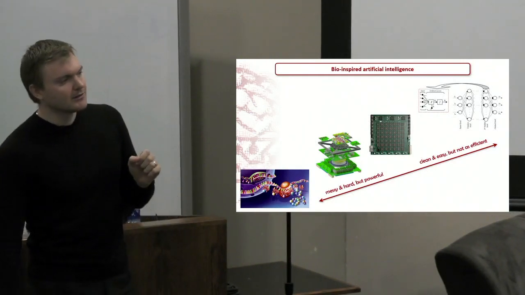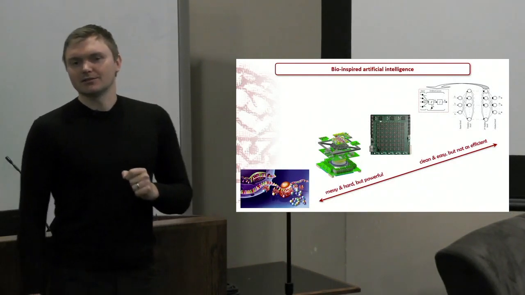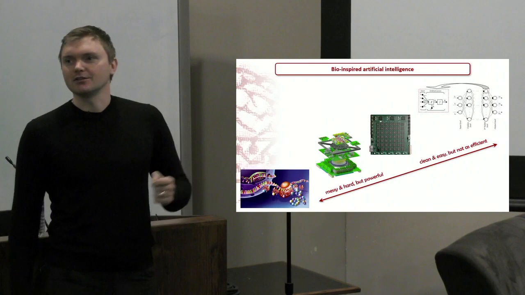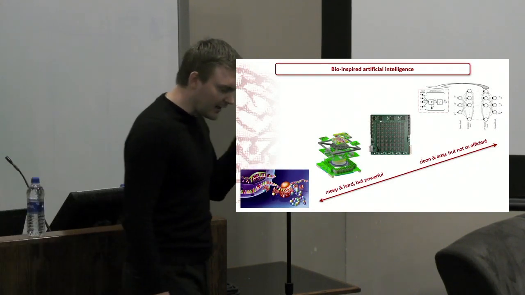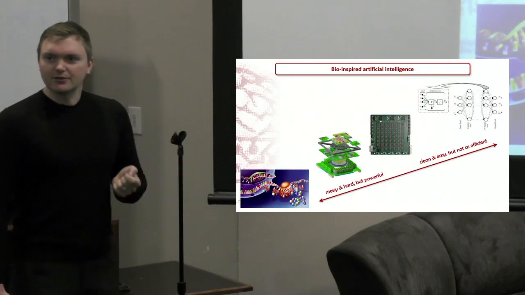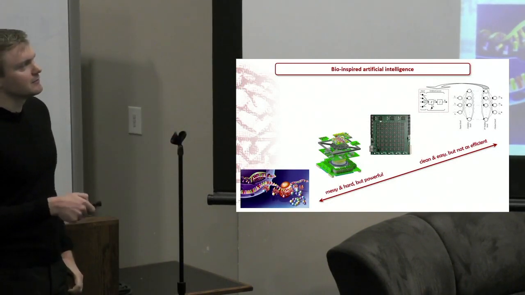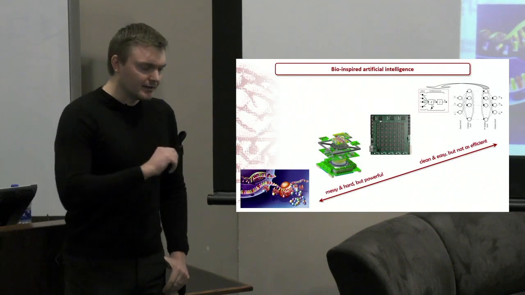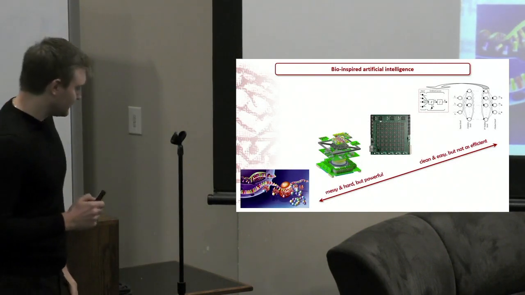But the question is, what are these principles of computation that are interesting and that we can take as inspiration from biology? And I think that in order to answer these questions, these types of machines are needed. I'm going to get back to that at the end of the talk.